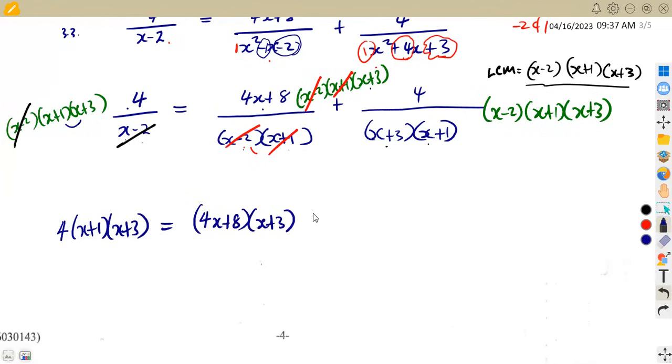Plus, the same thing here, x plus 3 and x plus 1 cancel, meaning we remain with the 4 and the bracket of x minus 2.